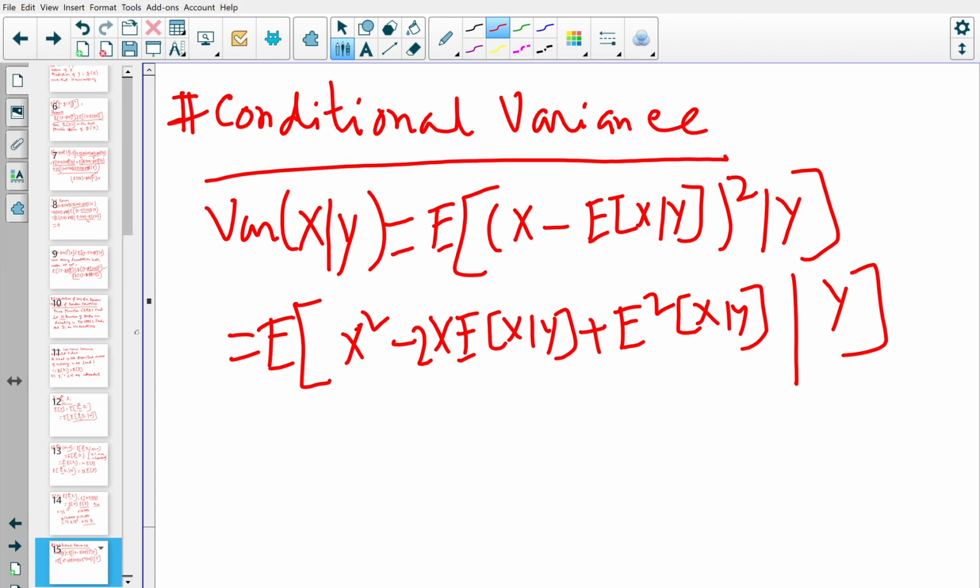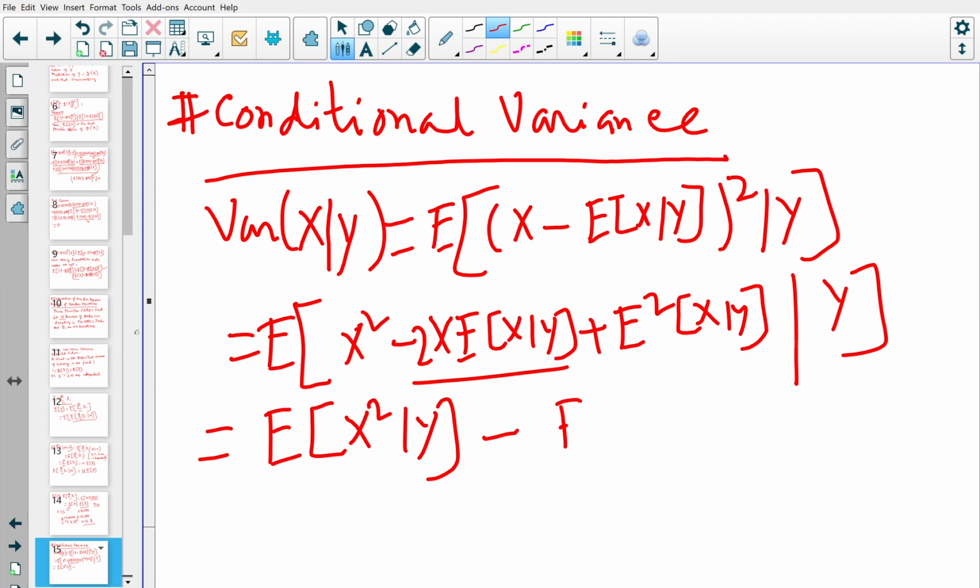Okay, and now the linearity property tells you the first portion will be expectation of x square given y, and then for the second term, expectation of x given y is a constant, so that comes out, and you have minus 2 times, and then plus, so this is minus expectation of x given y whole square.